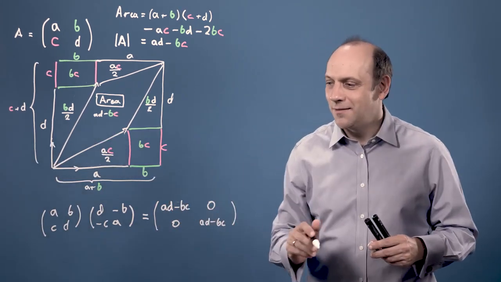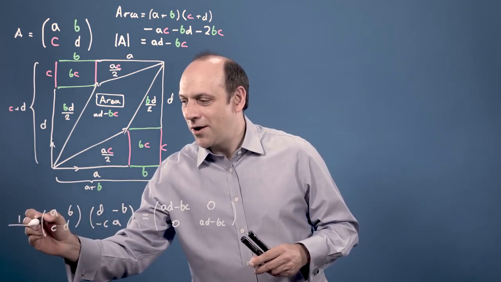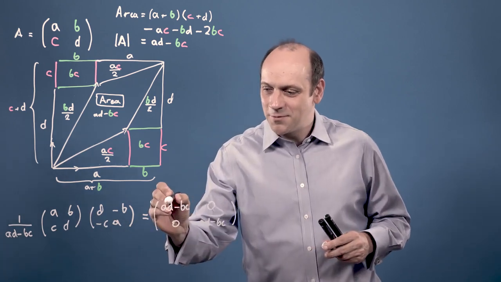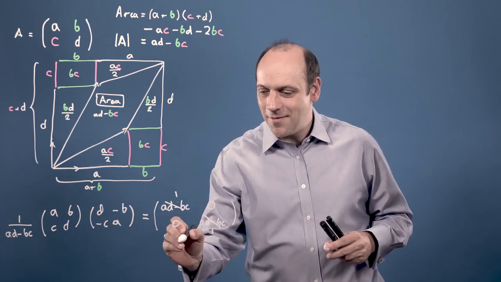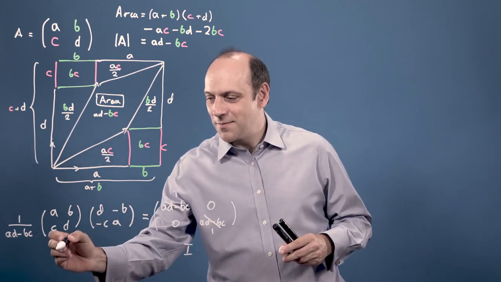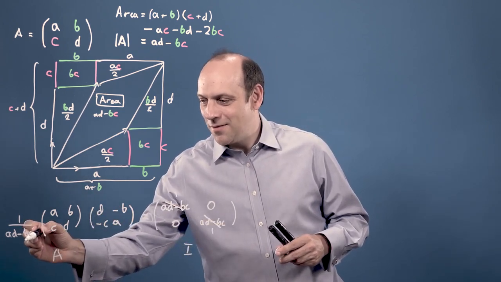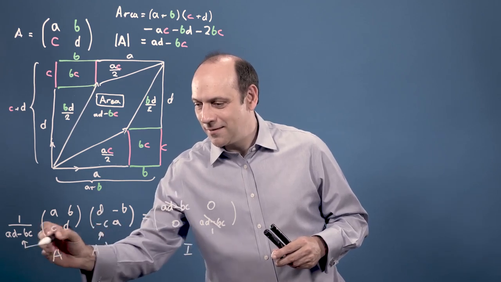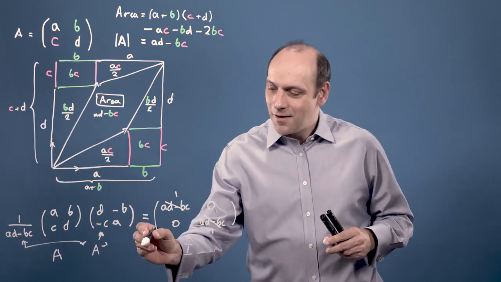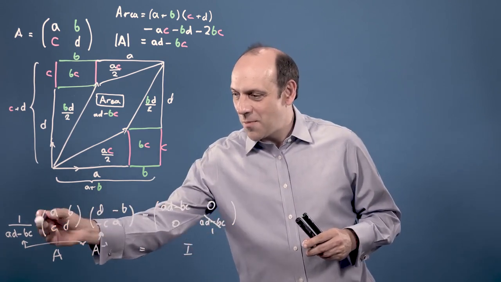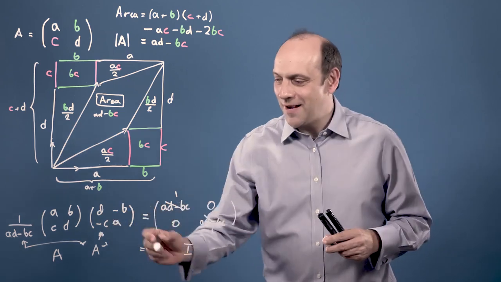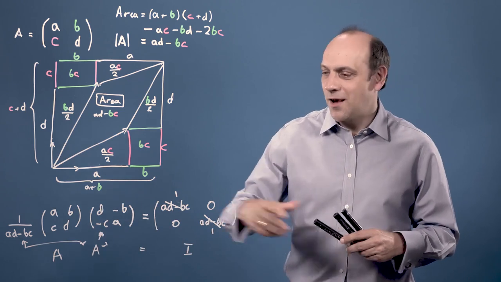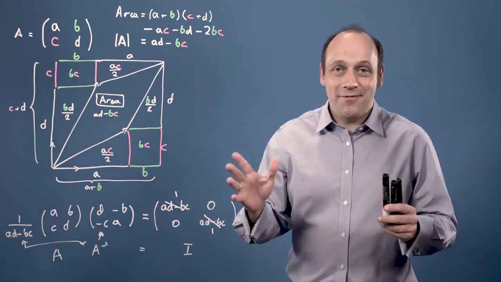So that's the determinant. If I multiply by 1 over the determinant, AD minus BC, then these terms will become 1, and I'll get the identity matrix. So if this was the matrix A, and I think of this and this together as being A to the minus 1, then when I pre-multiply by 1 over the determinant, this is in fact the inverse of A. So we proved here that the inverse you learned in school is in fact correct.